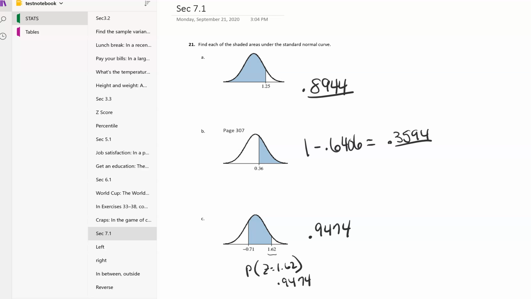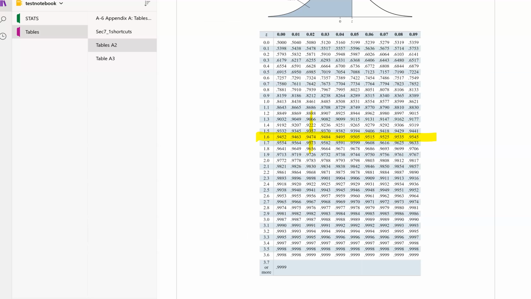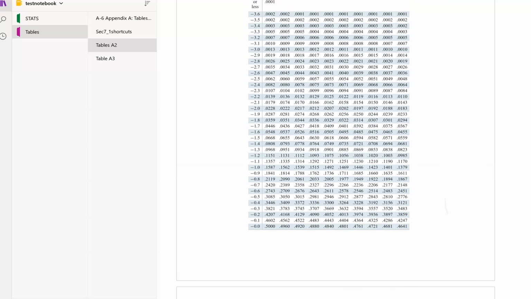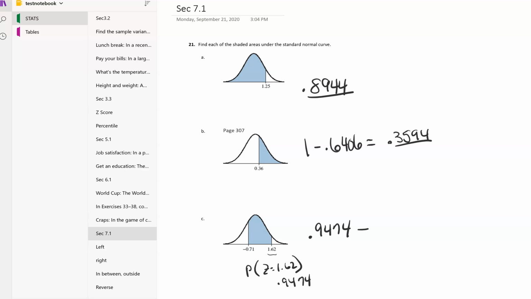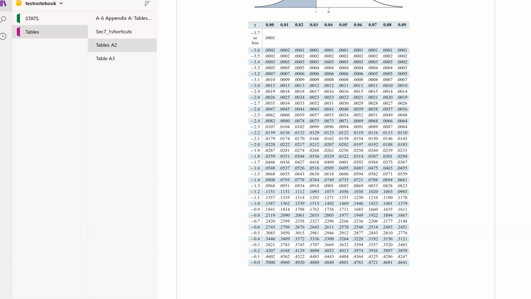Then I do the next one, a negative 0.71. So this is going to be a subtraction problem. Negative 0.71. Negative 0.7 is here, and the 1 is right here. So it's 0.2389.